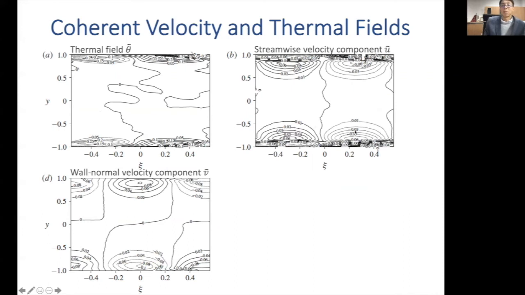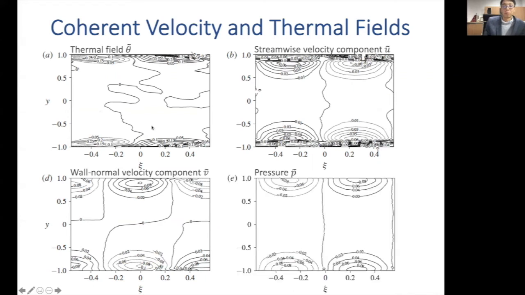We have a positive and negative contour, which we don't see in the temperature field. This is because the wall blowing suction generates additional pressure fluctuations, and that only accelerates the velocity field, but does not affect the temperature field. So that's a fundamental source of dissimilarity.